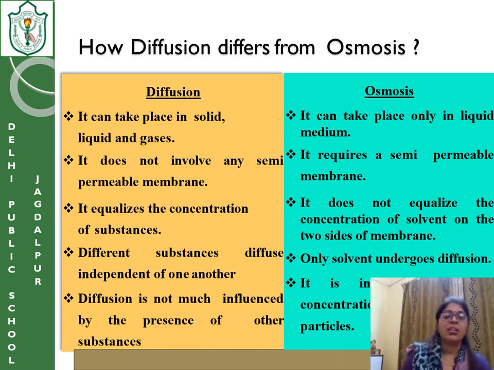Now, I don't know whether you know or not, there is an instrument called an osmometer. We make an osmometer from potato. The osmometer demonstrates the osmosis process. How? We take a big potato and slice it into two halves. We take one half and make a groove in it, so that we can fill something inside that groove.